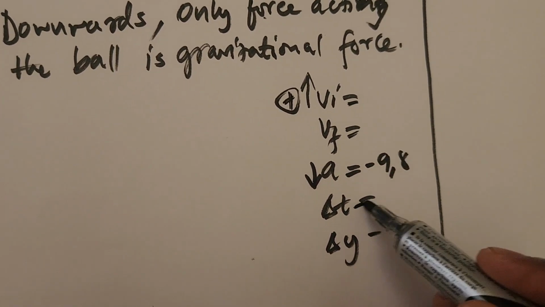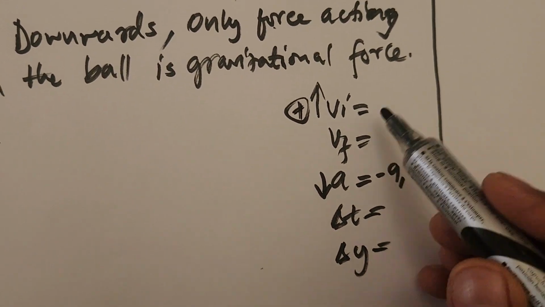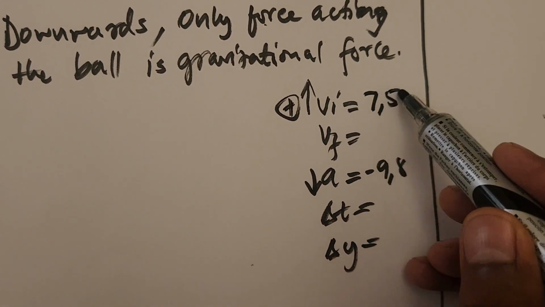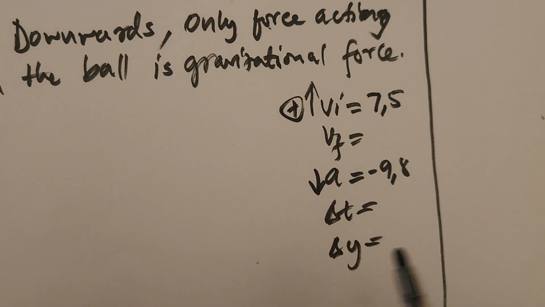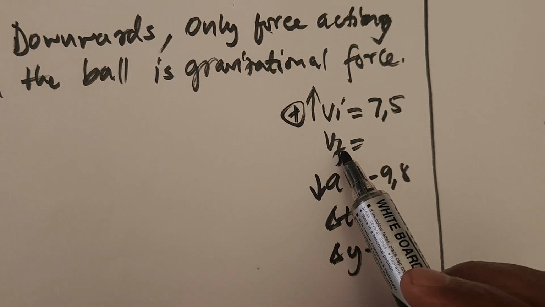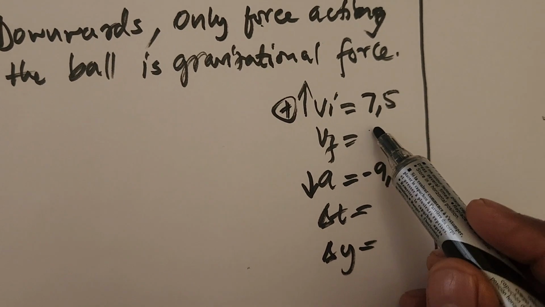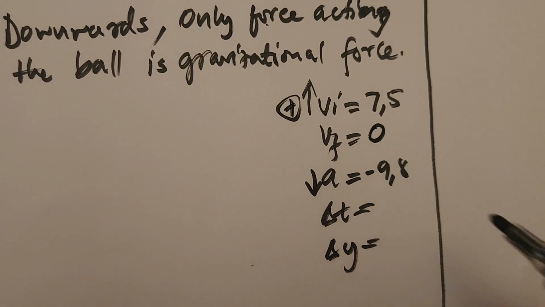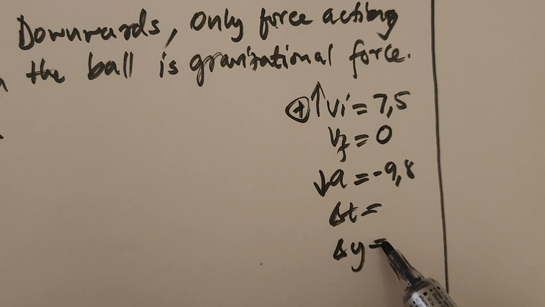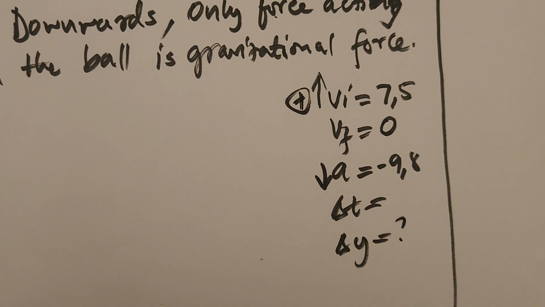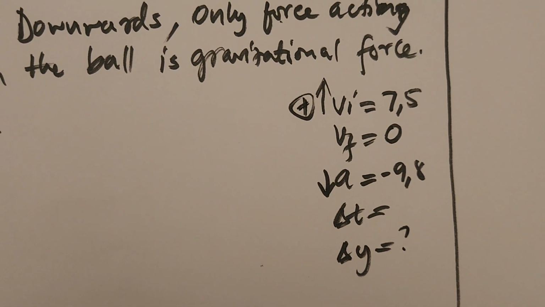Fine. And then the initial velocity is given according to the statement as 7.5 meters per second. And then we need to find the last one, because we know at the highest point where the ball will reach, its final velocity will be 0. Perfect. So now we can calculate the remaining 2. They say calculate delta y, meaning that there are 2 strategies of dealing with this one.